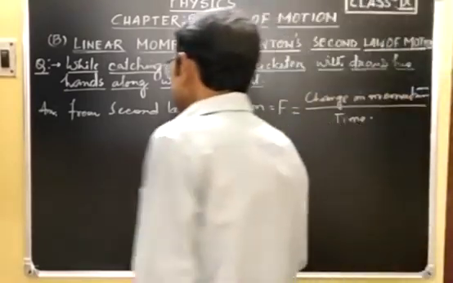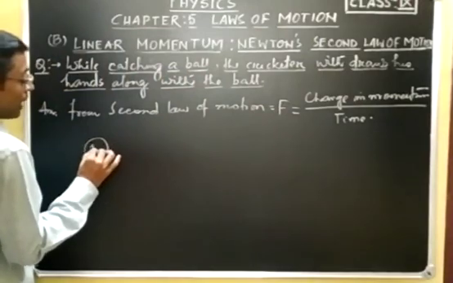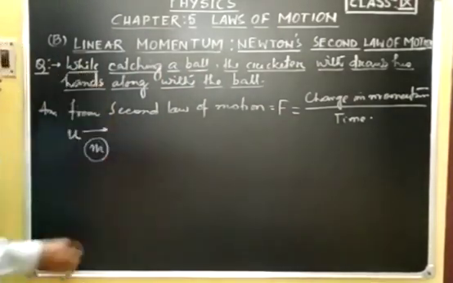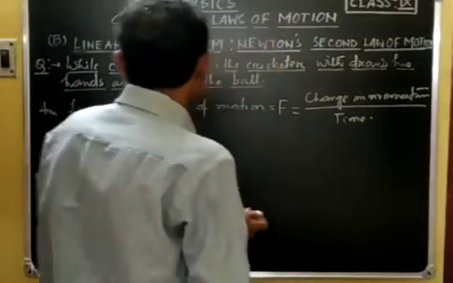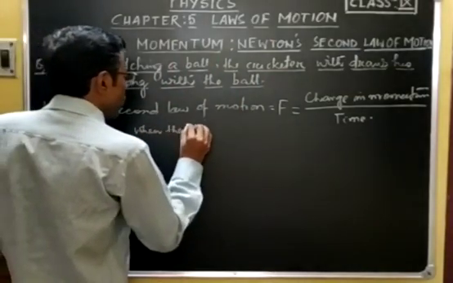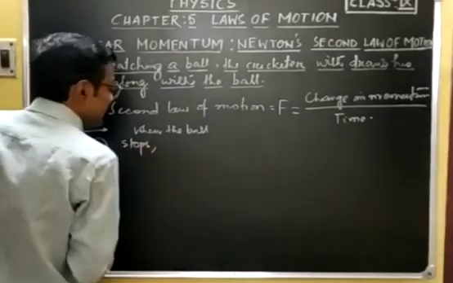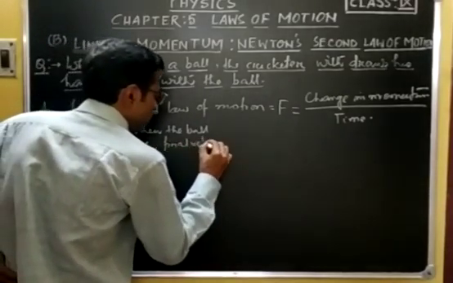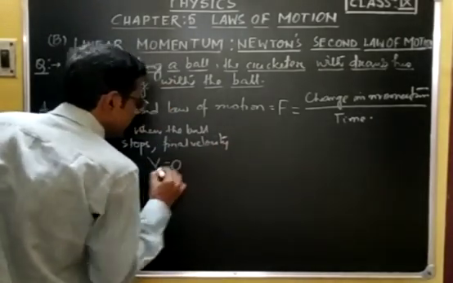Now see, I am assuming the ball, having mass m, is initially moving with velocity u. When the fielder stops the ball, the final velocity of the ball is v equals 0.